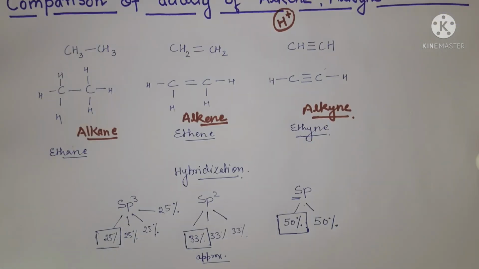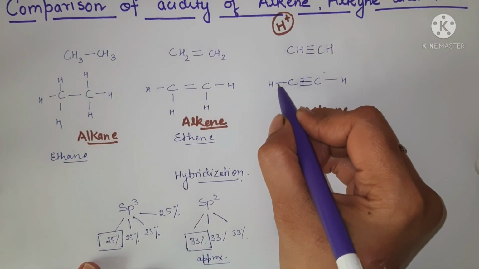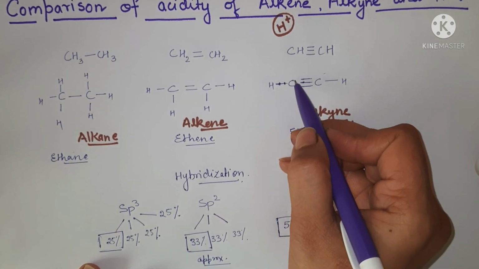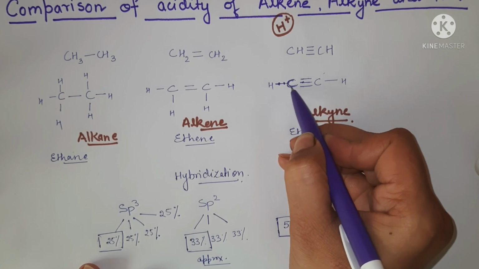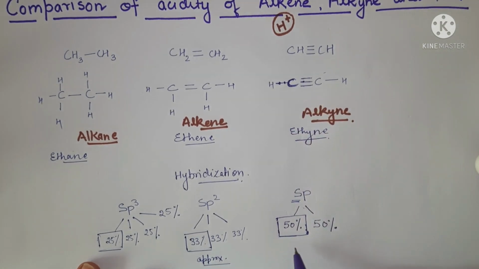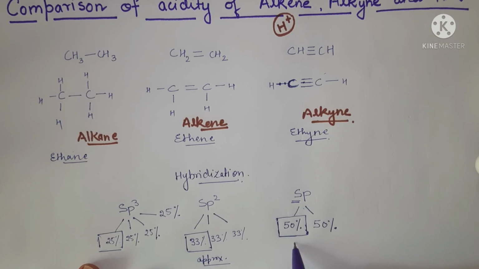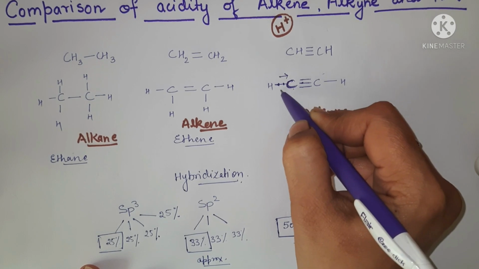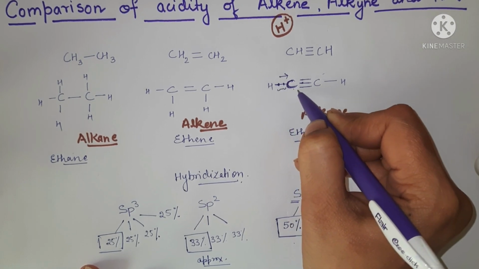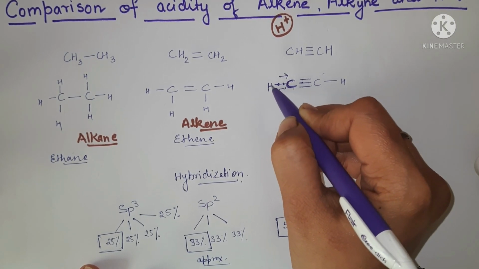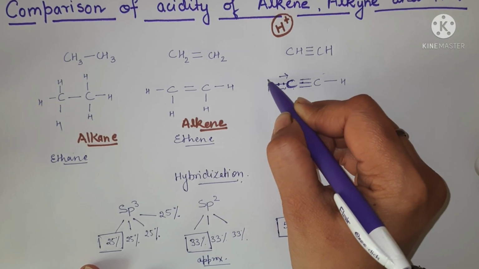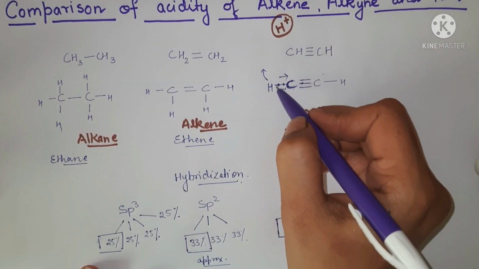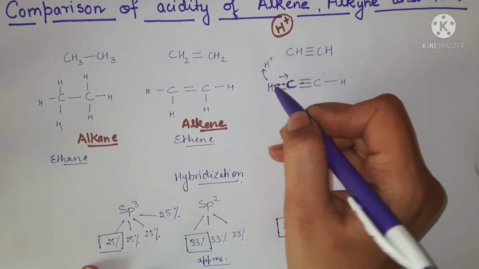Alright, every bond is formed by 2 electrons, and if this carbon has more S character, as you can see here, this carbon has 50% S character, so this carbon will pull these electrons more strongly toward itself. So this proton can easily separate from this molecule in the form of H+ ion.